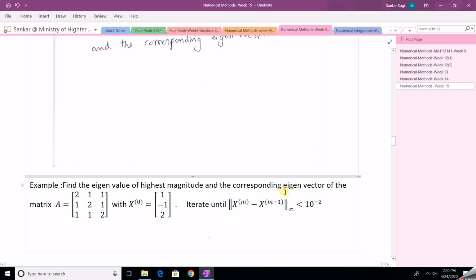If it is less than 10 power minus 2, you can stop there. Otherwise, you go for x3, then find x3 minus x2, and so on. Continue the iterations until the L infinity norm of x_m minus x_(m-1) is less than 10 power minus 2.